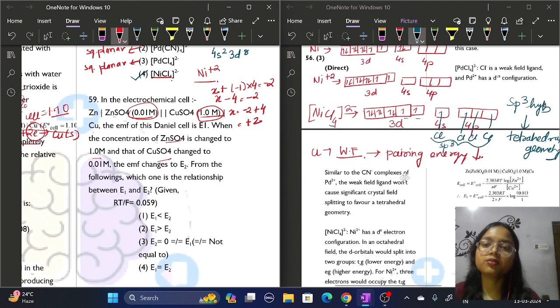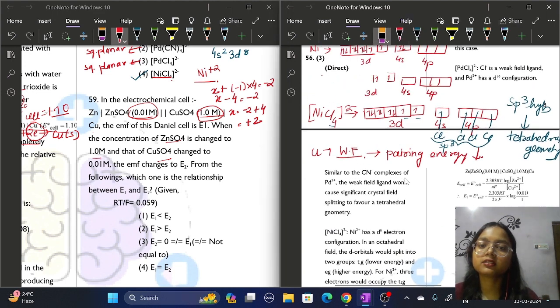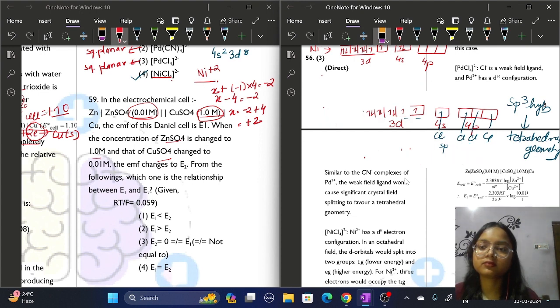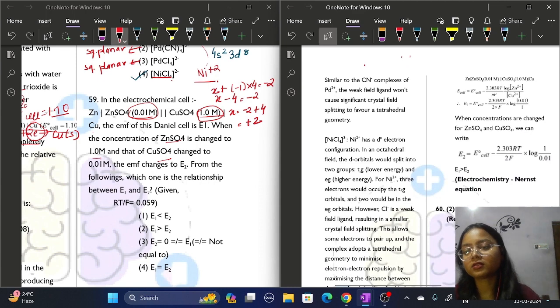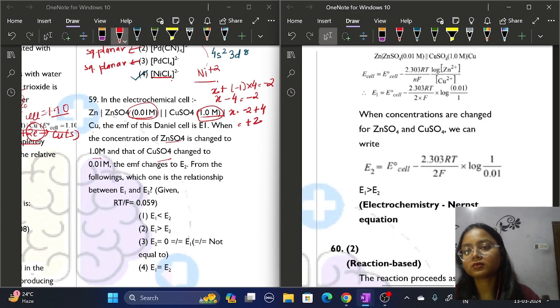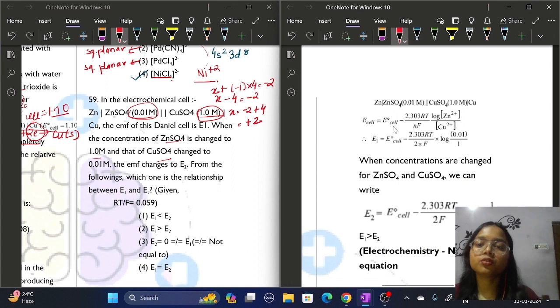So this is the question. ZnSO4: from Zn to ZnSO4. What does ZnSO4 mean?